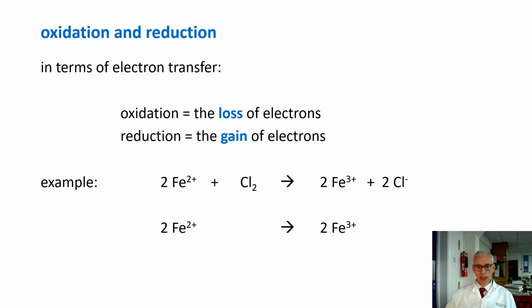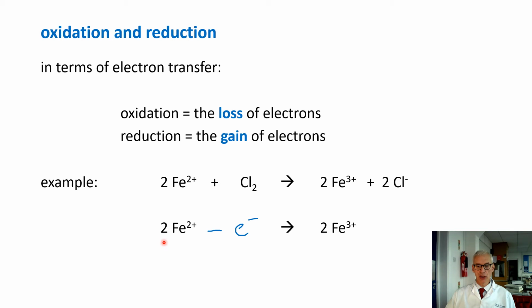Well, Fe2+ changes into Fe3+. How would that happen? How could Fe2+ become Fe3+? Well, by losing an electron. So an iron 2+ ion loses an electron to form an iron 3+ ion.